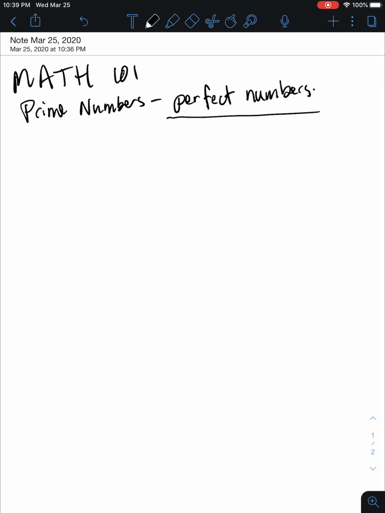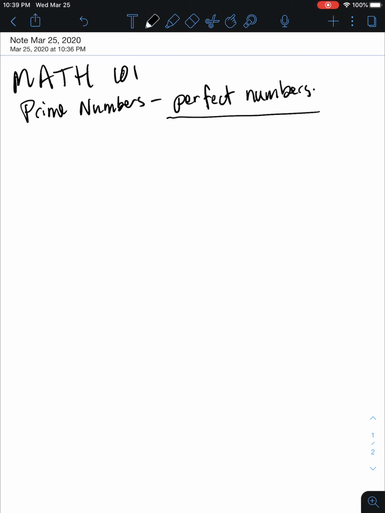So, perfect numbers, the concept of perfect numbers and related concepts come from Greek numerology. And numerology is sort of the study of superstitions around numbers. But there still is some interesting mathematics that survives. I mean, the numerology is long gone, but the mathematical theorems still survive.